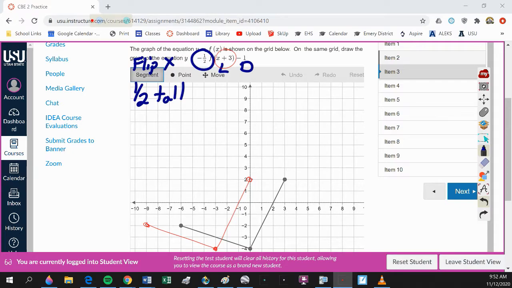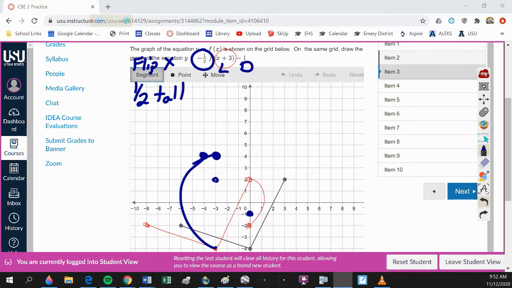So this point is going to move to here, and then it's going to go half the distance to the x-axis. So right there. Everybody understand that? Flipped, and then I make it half as tall. So this one is going to flip to here, and then cut it in half. Oh, right there.